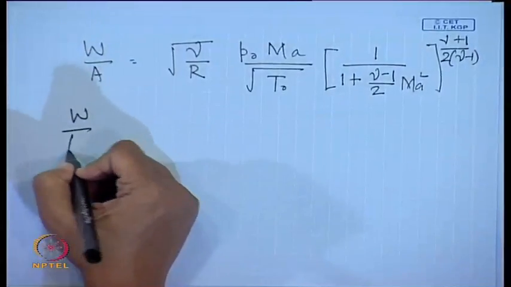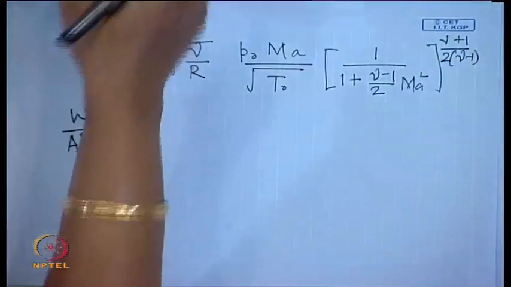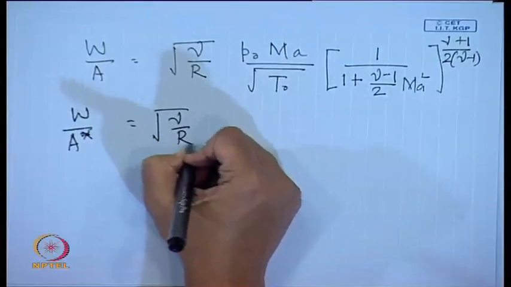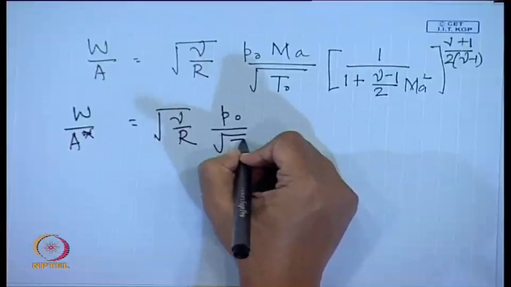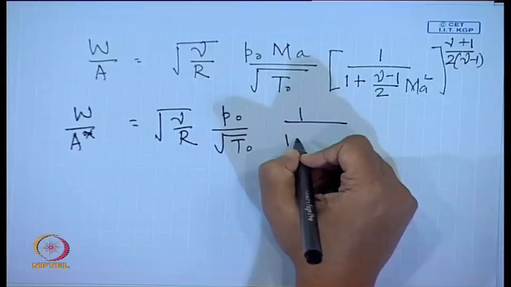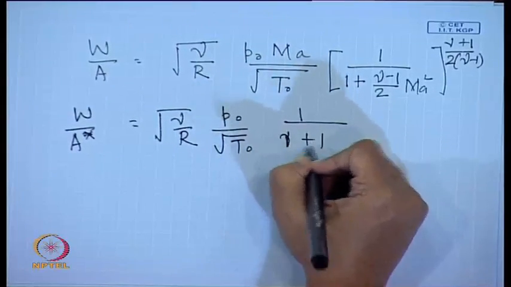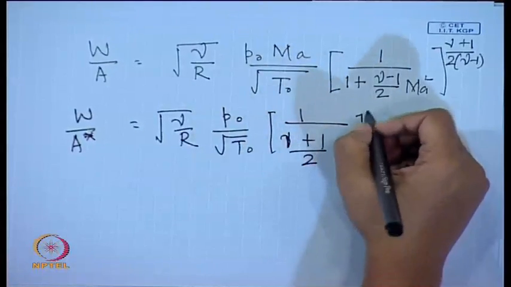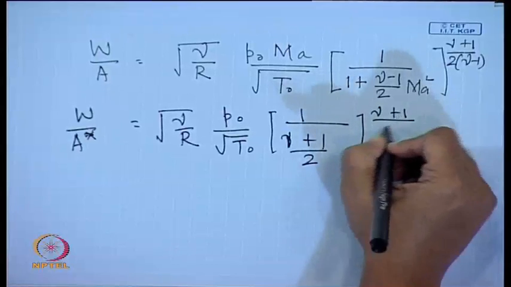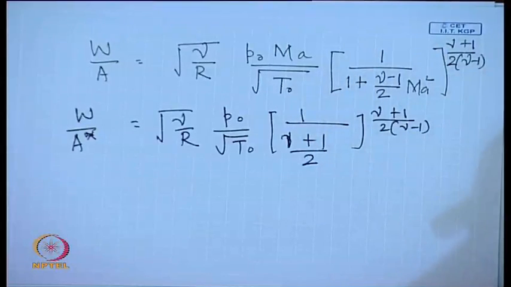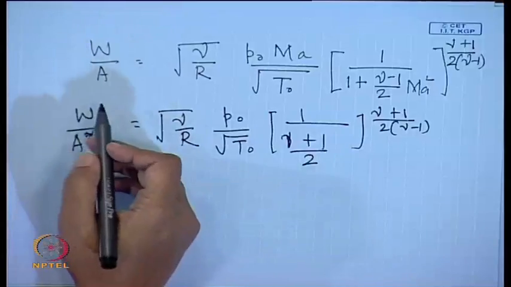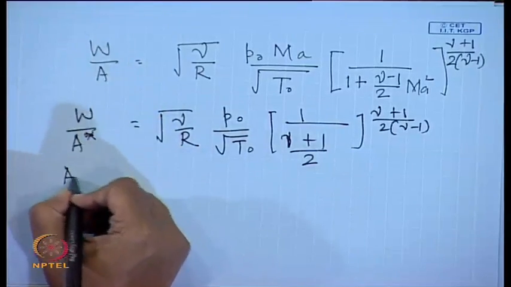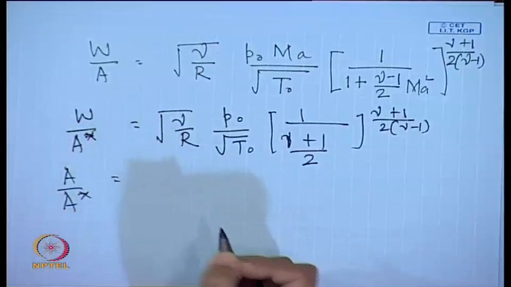Now, W by A star is nothing but equal to root gamma by R, P0 by root T0, 1 by gamma plus 1 by 2, to the power gamma plus 1 by 2 into gamma minus 1, is it not? So, if we divide this by this, what do we get? We get A by A star, is it not?